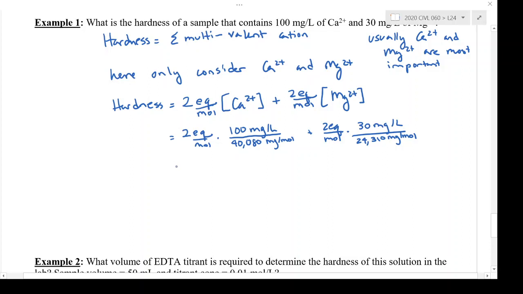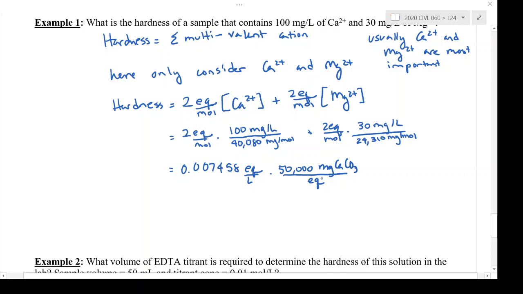Okay, so this actually is going to give me a result of 0.007458. Put a lot of digits in here this time, but we're not done. Equivalents per liter. And then I'm going to multiply it by 50,000 milligrams of calcium carbonate per equivalent.